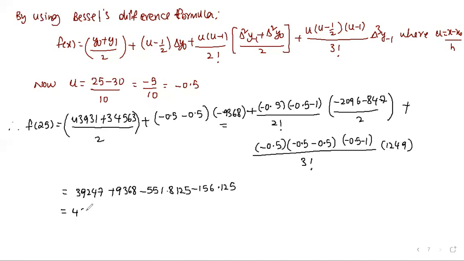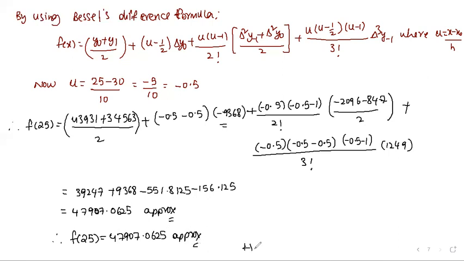Finally, we get 47907.0625 approximately. Therefore, f of 25 is equal to 47907.0625 approximately.